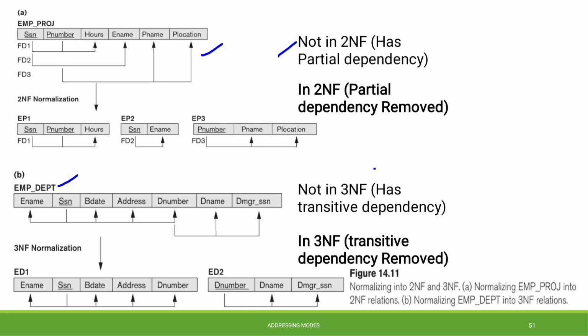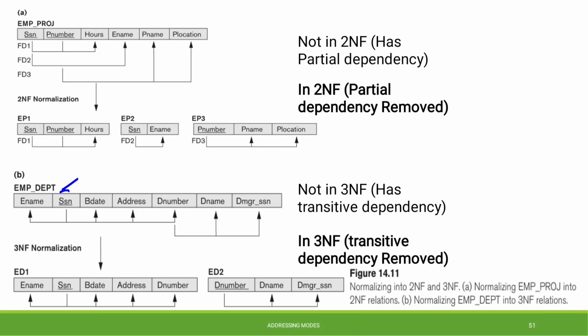For that, consider the relation schema EMP underscore DEPT. Here the attributes are ename, SSN, bdate, address, dnumber, dname and dmgr SSN. Here SSN is made the primary key, that is what is underlined.